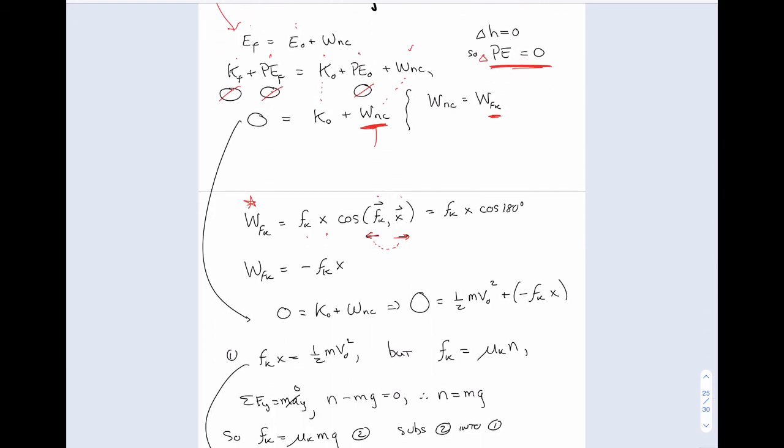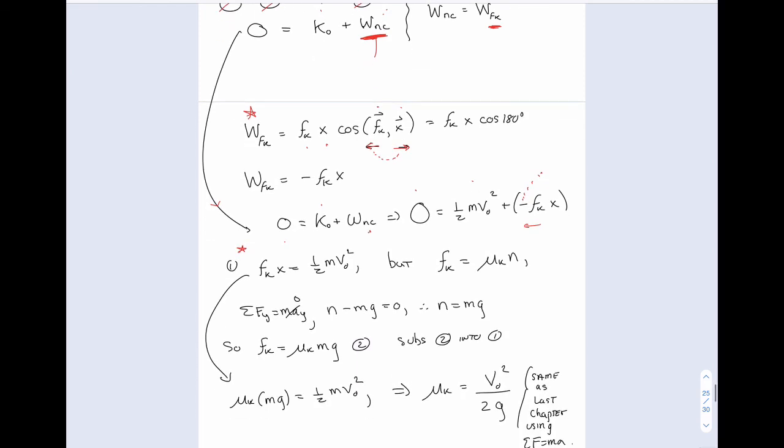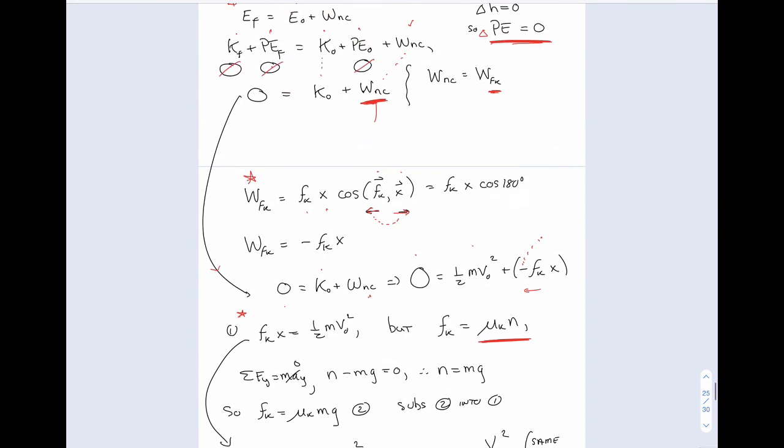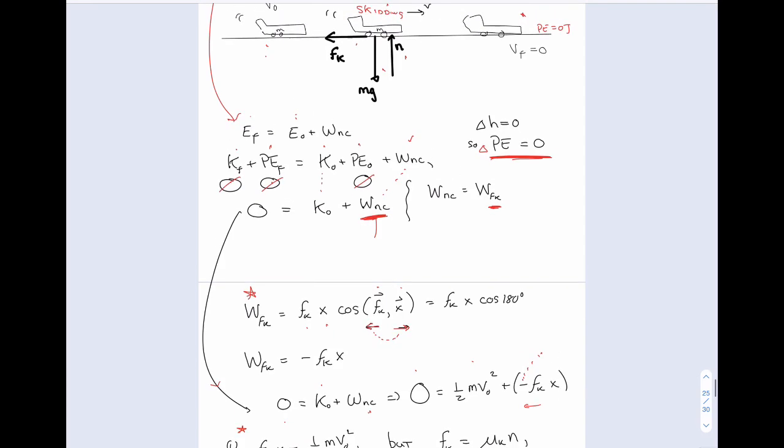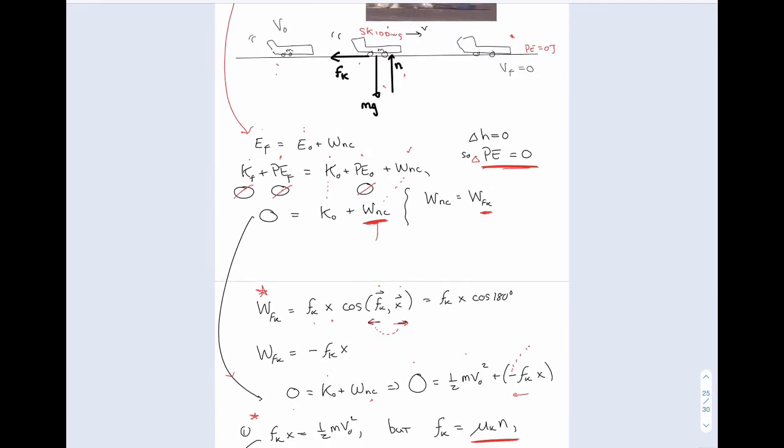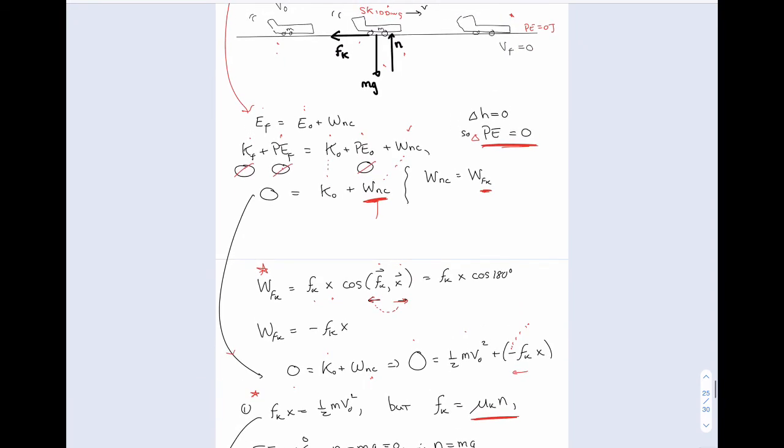So I have 0, initial kinetic energy plus work done by friction. Remember it's a negative, so be careful. I threw this over to make it positive. Kinetic friction is always mu sub k times the normal force. You could look at that picture and realize that the normal force is mg, but I just did F equals ma.